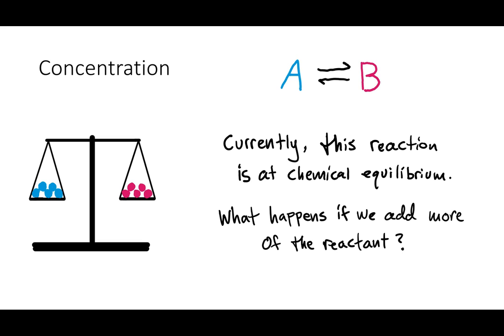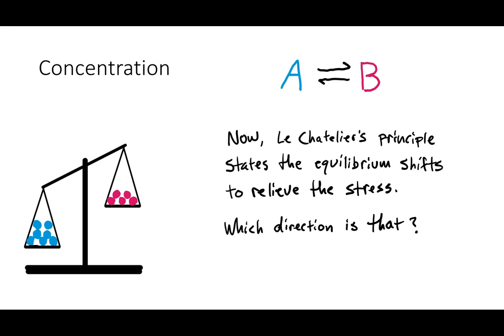Let's say that we have a reaction that goes from A to B and back from B to A. Currently, this reaction is at chemical equilibrium. What happens if we add more of the reactant A? Well, if you add more here to this scale, obviously it would throw off the equilibrium.